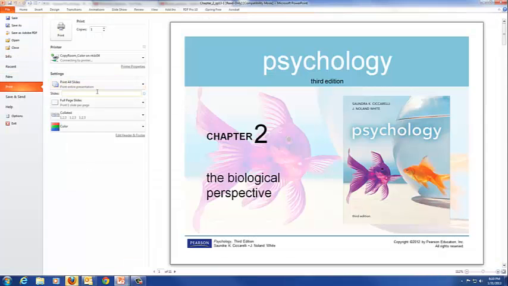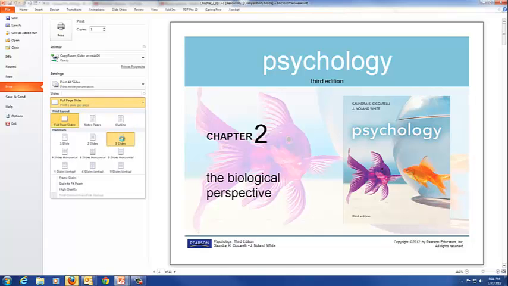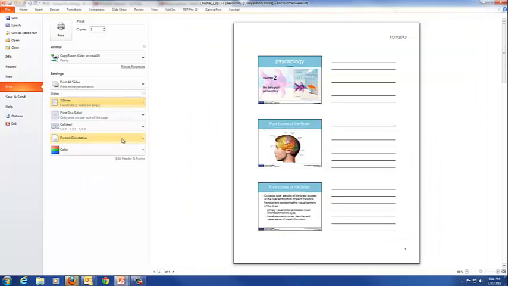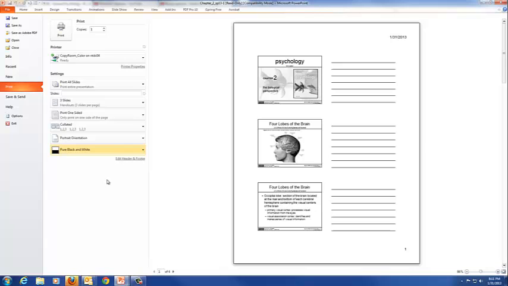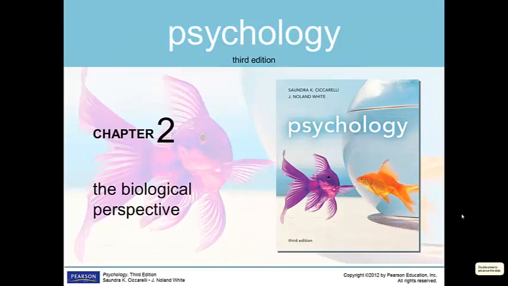You can get there by clicking where it says Full Page Slides. Change that to 3 slides. It changes to a notes view. Then I would suggest printing in black and white, and if your computer can do it, I suggest changing your PowerPoint to two-sided.